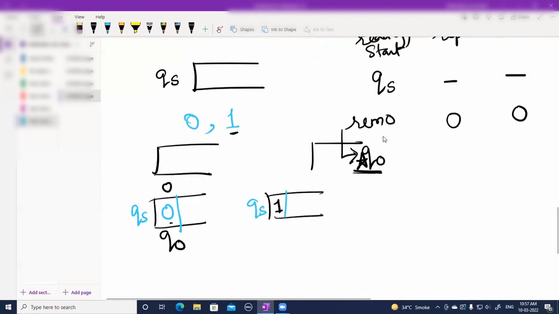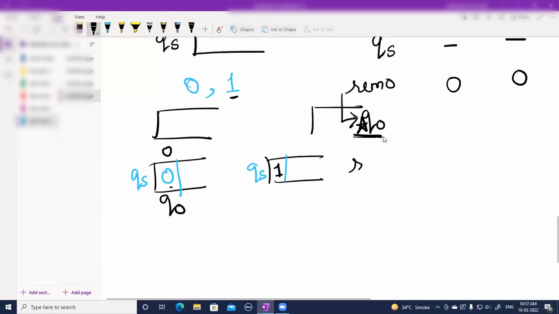So you write here the condition, remainder 1. To this remainder 1, we give a name, for example, Q1. The output generated by Q1 is remainder 1, and the resultant state is the Q1 state. So Q1 represents string 1, and the remainder generated is 1.